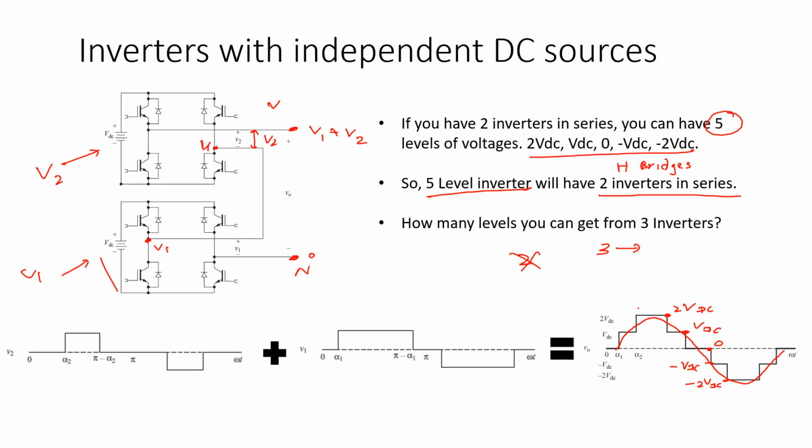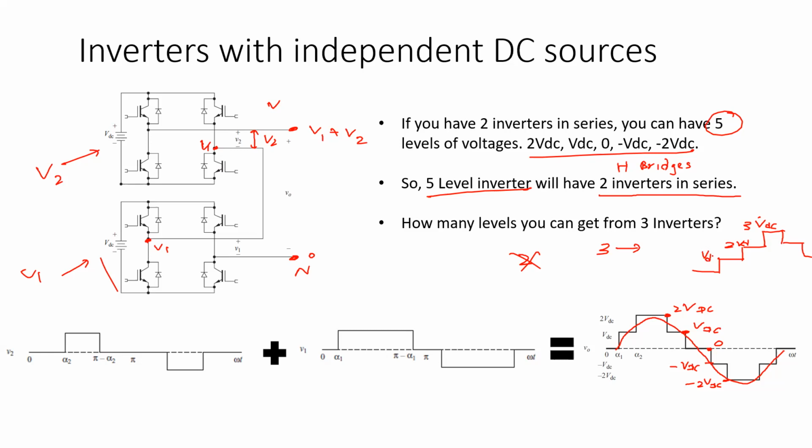If you have 3, the top one will be 3 VDC. So it will be something like this. So this will be 3 VDC. This is 2 VDC. So 3 VDC will be generated if all the 3 inverters are generating VDC. If it is 2 VDC, that means only 2 will be generating VDC voltage.